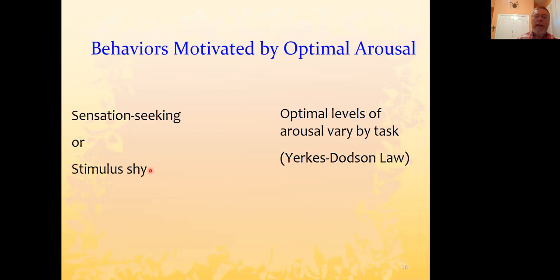Now you have people on the opposite end of that spectrum, and they prefer a very low level of arousal. In that case, they're going to avoid those sorts of things and be attracted to things that lower that level of arousal, things that are relaxing.